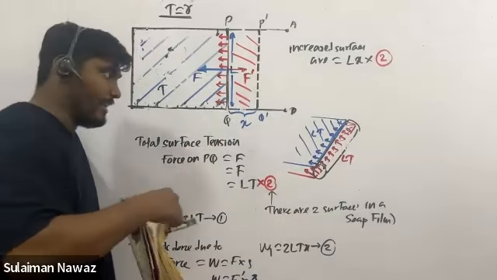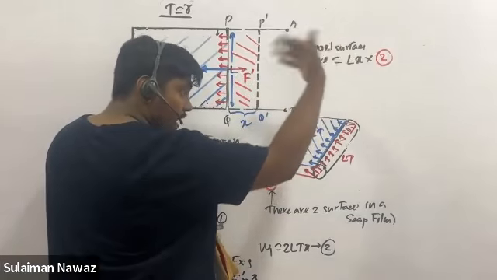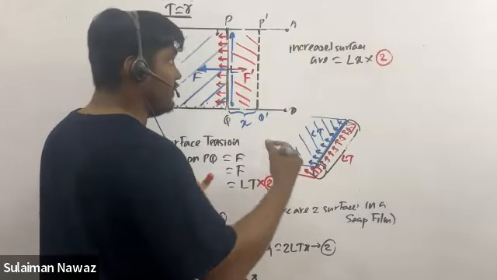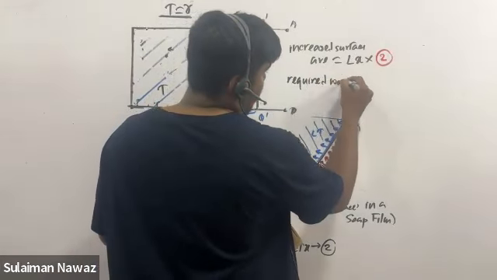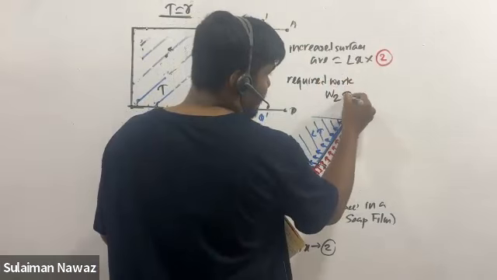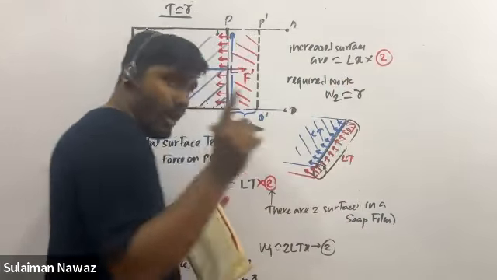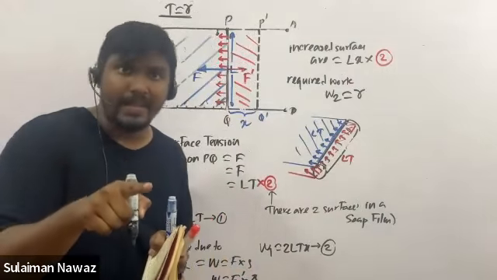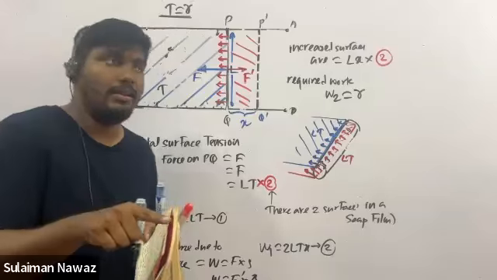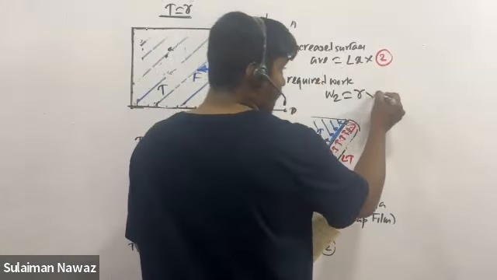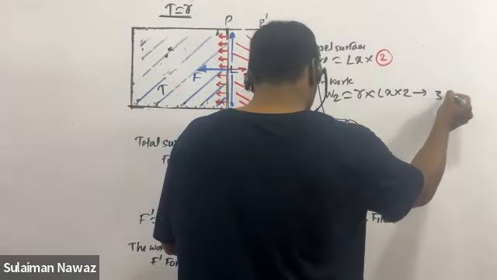Then I can find, when the area is increased by this much, the required work done. I say W2. That is equal to how much? Gamma. Gamma means required work done to increase the area by 1 meter square. Now this much area is increased. Therefore, gamma into Lx into 2, equation 3.